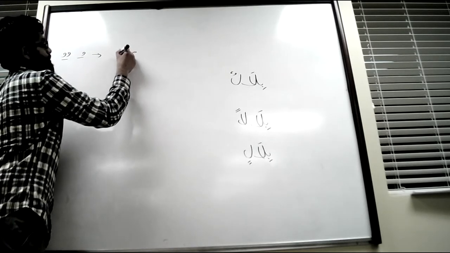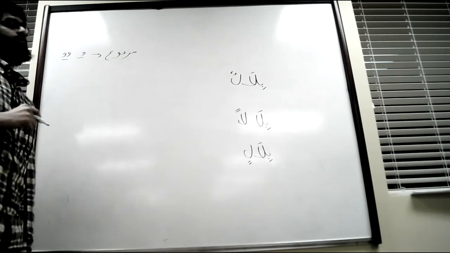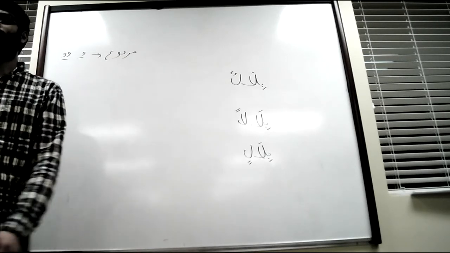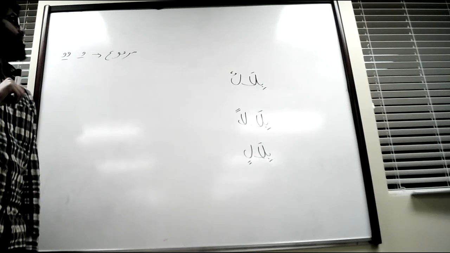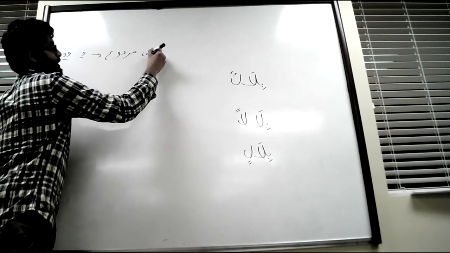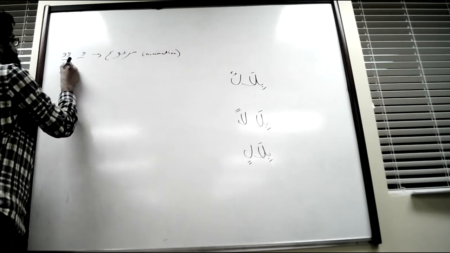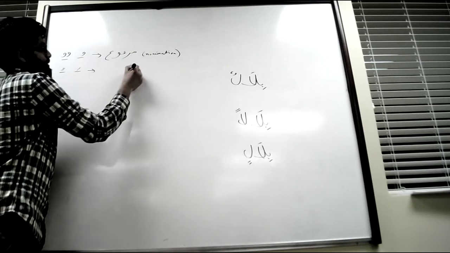Marfu, right? All right, and then what is it called in English? Anybody know? No, it's not genitive, it's not accusative, it is nominative. Nominative case. And then if you have fathas, you call it accusative.